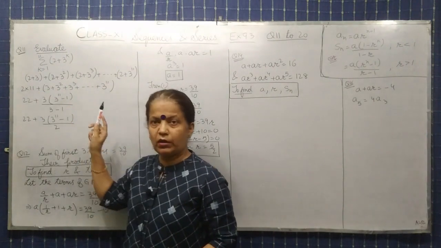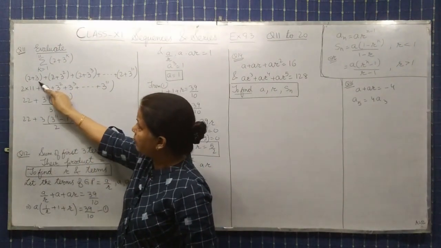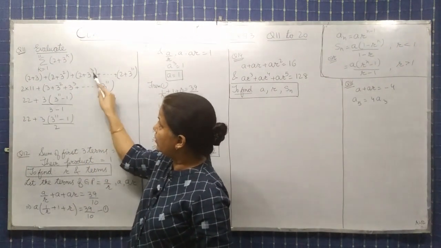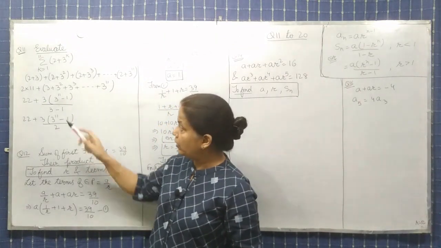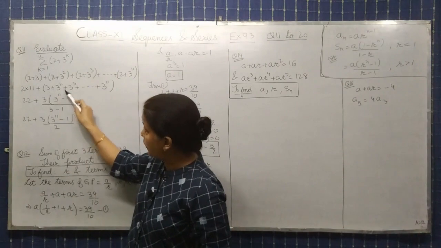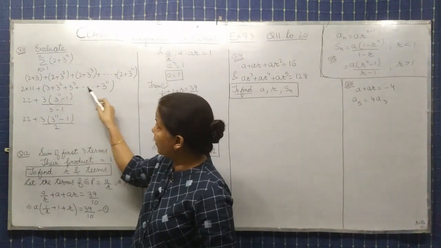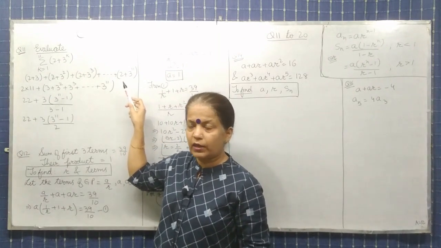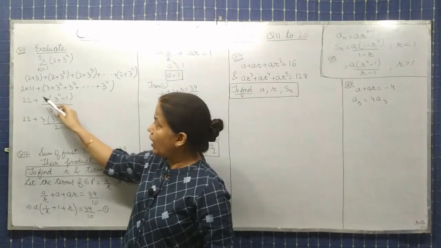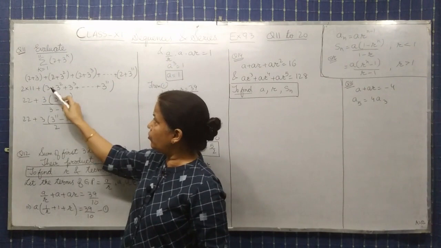So it should be 2 into 11, and the leftover terms will be 3, 3 square, 3 power 3, up to 3 power 11. If you see, this sequence of 3s is in the form of a GP. Now 2 into 11 is 22.